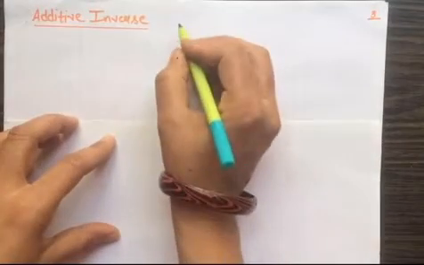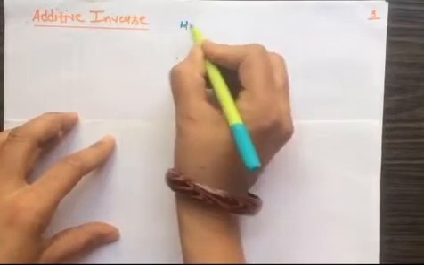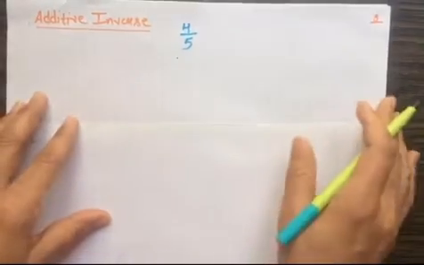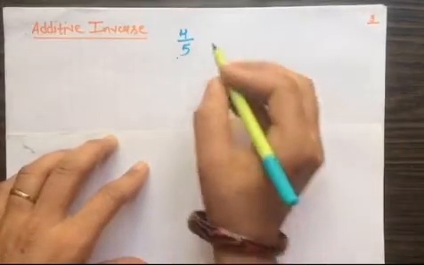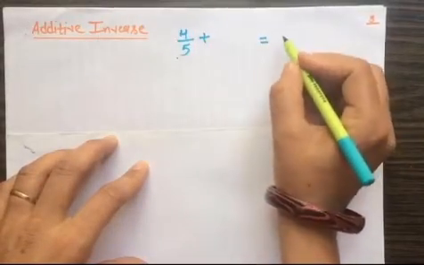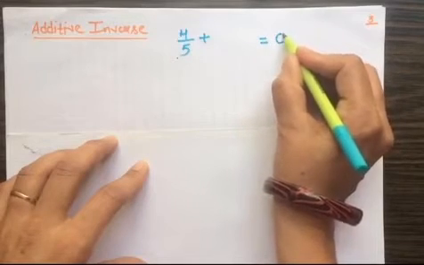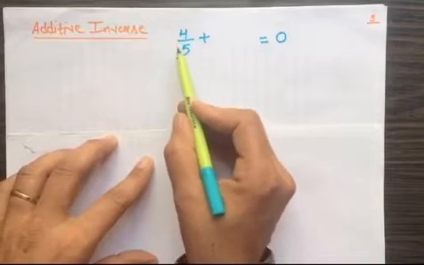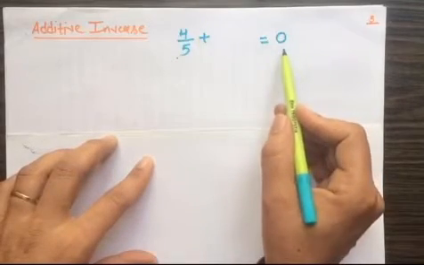If I write another rational number 4/5, what should be added to this number so that the result is 0? What should be added to 4/5 so that the sum is 0?